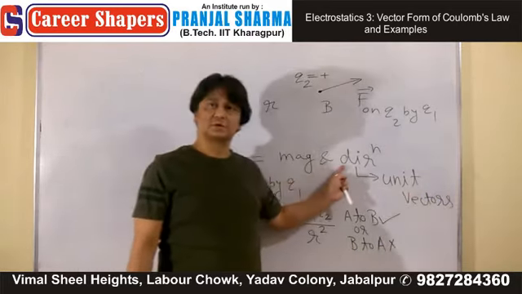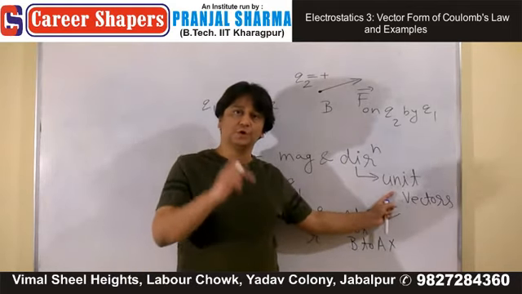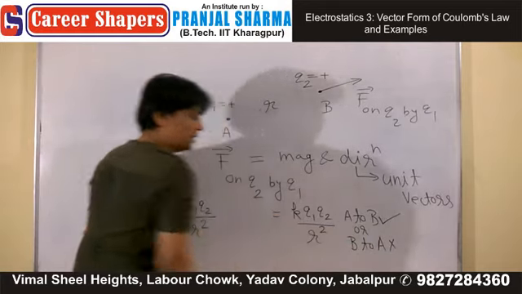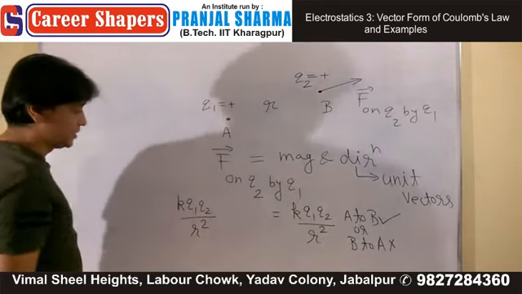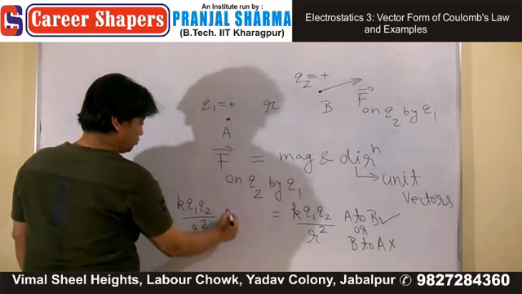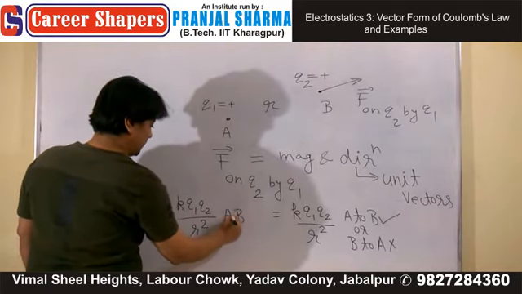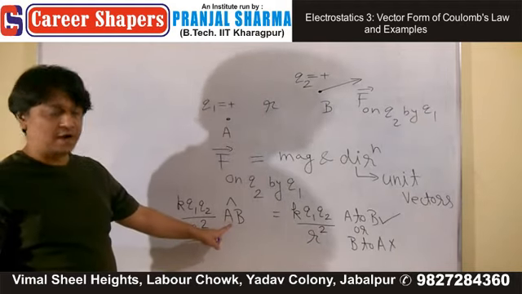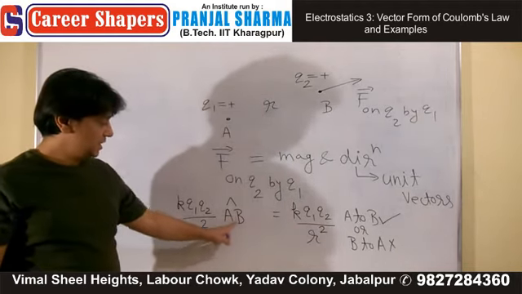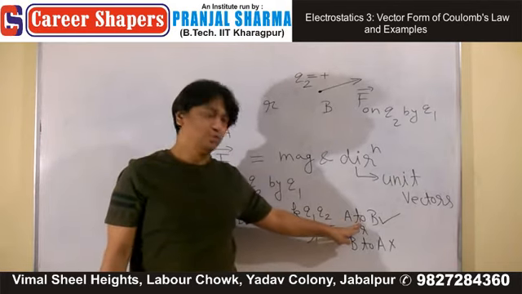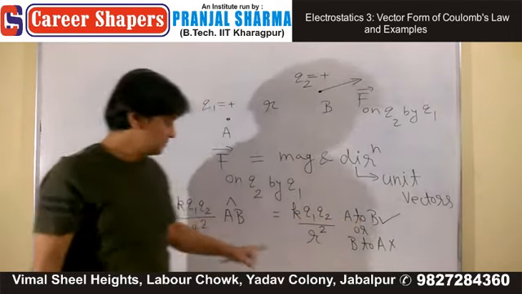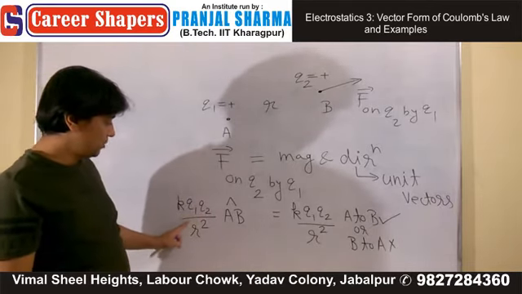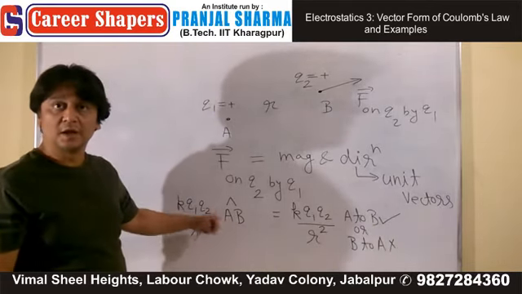For directions, we take help of unit vectors. So, instead of writing A to B, you must write AB cap. This is called a unit vector. So this simply becomes K Q1 Q2 upon R square AB cap.